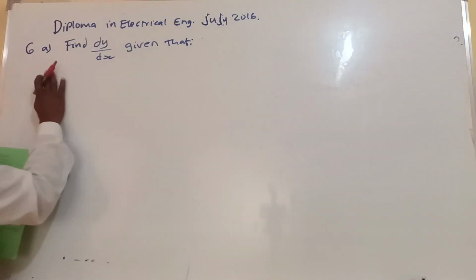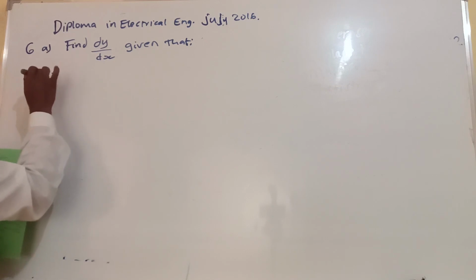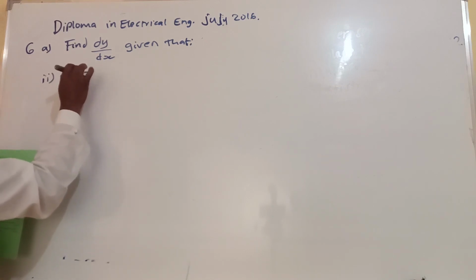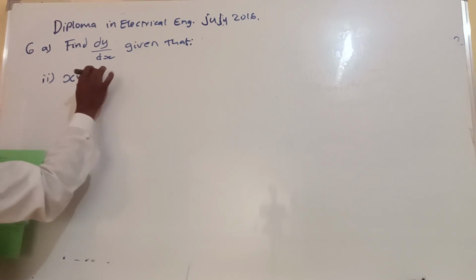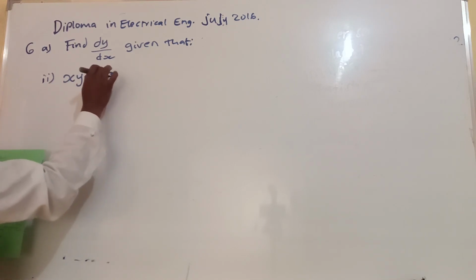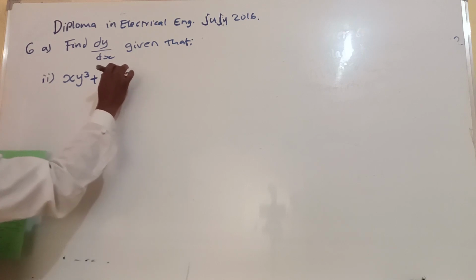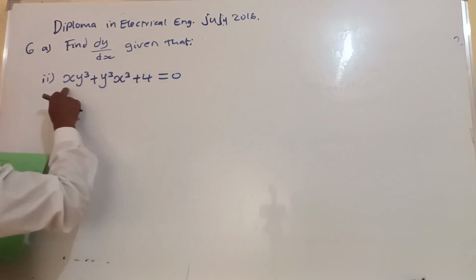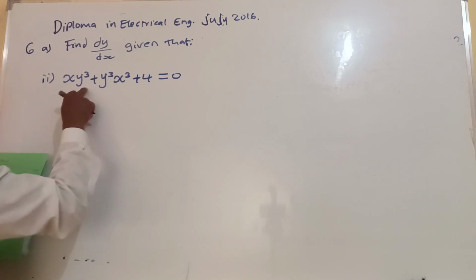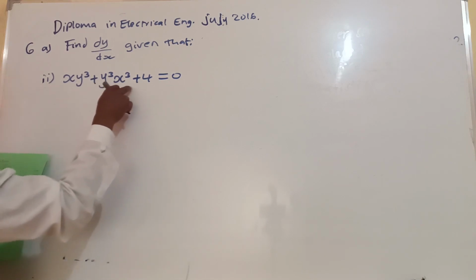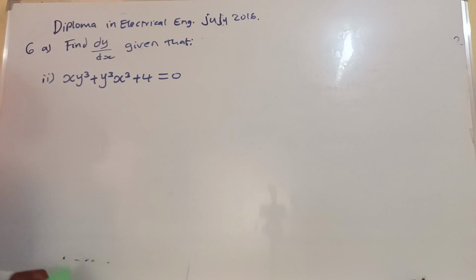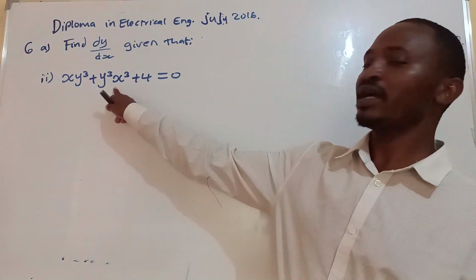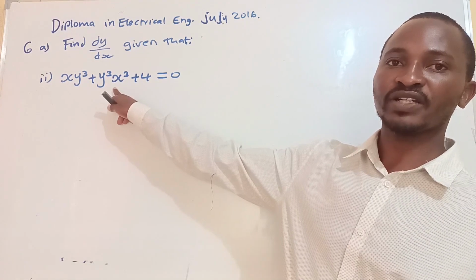Now number 2 of the same question, we are supposed to differentiate this. This one, you should notice, here you should apply differentiation of implicit functions.